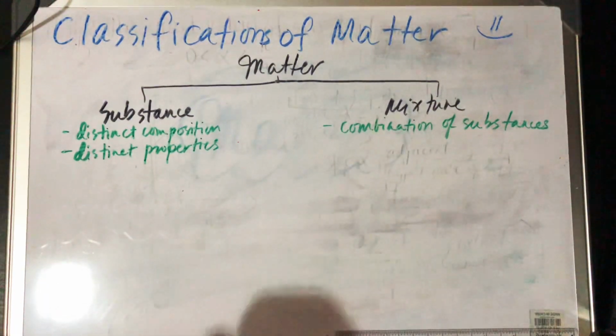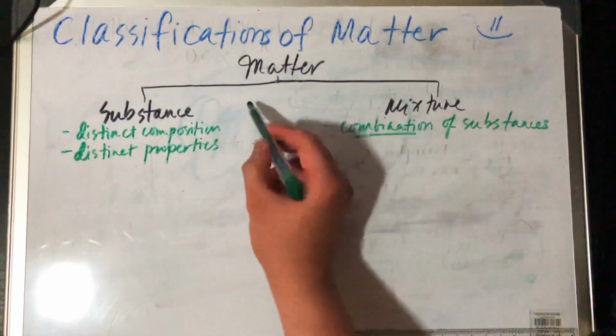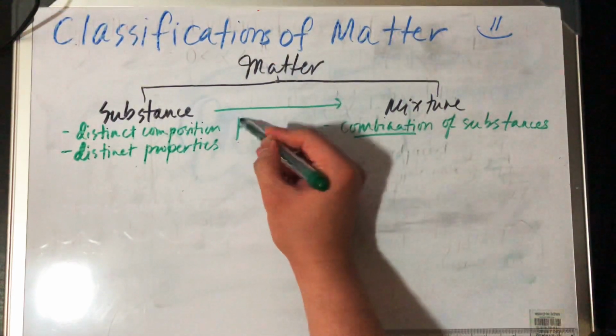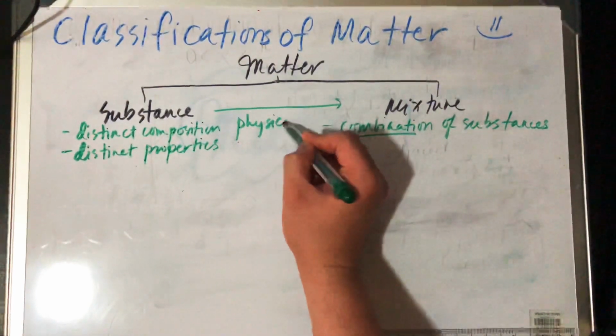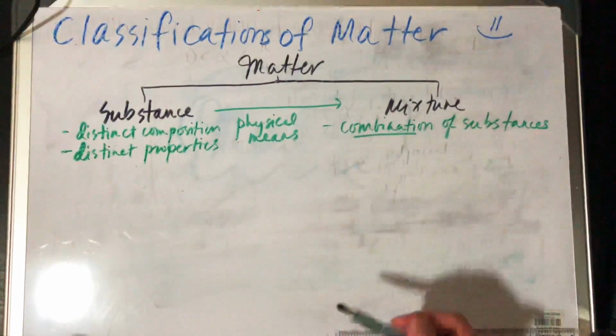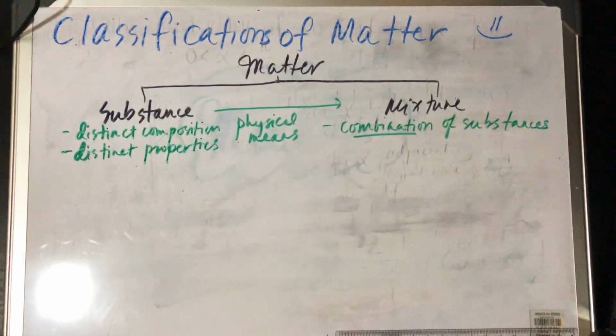Now, how are these substances combined to form a mixture? They are combined through physical means.